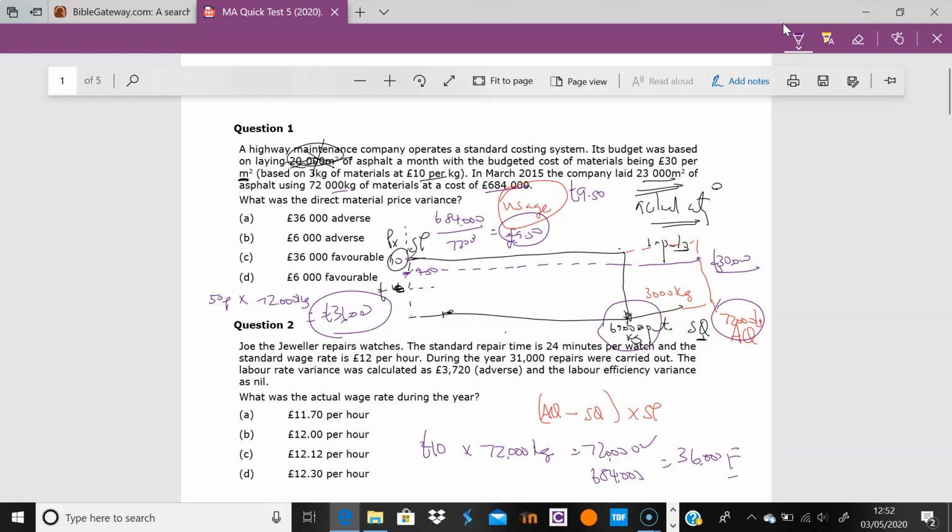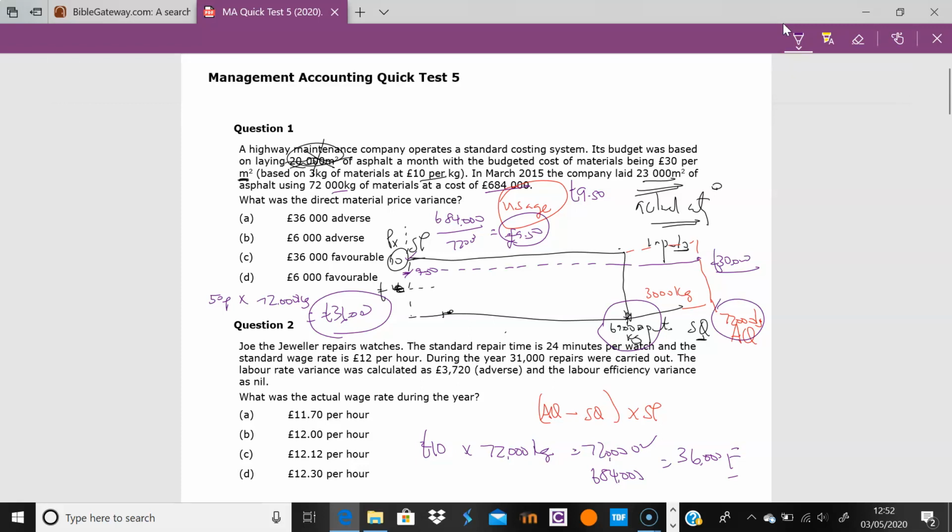So that's your efficiency variance. Yes, you save 36,000, but you lose 30,000. Overall, it's a £6,000 favorable variance, and this is the overall cost variance.